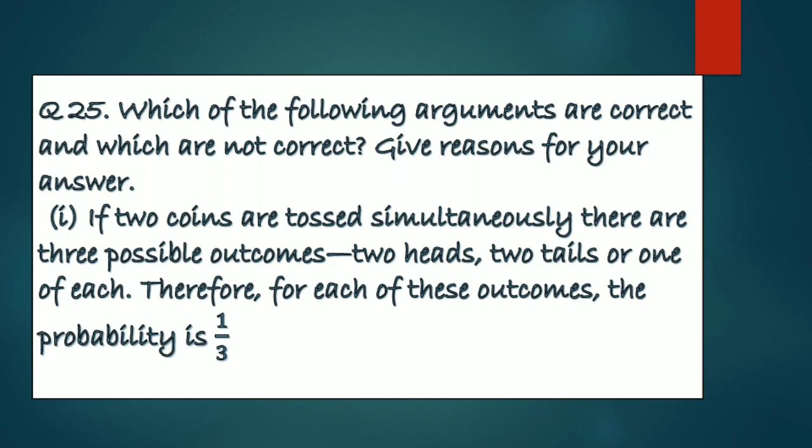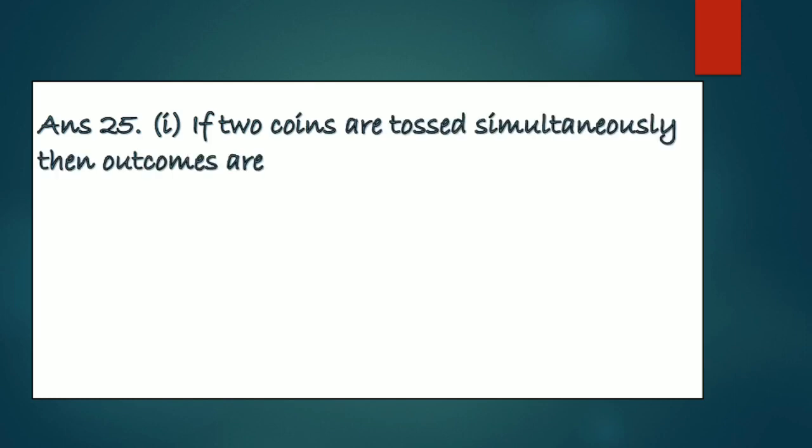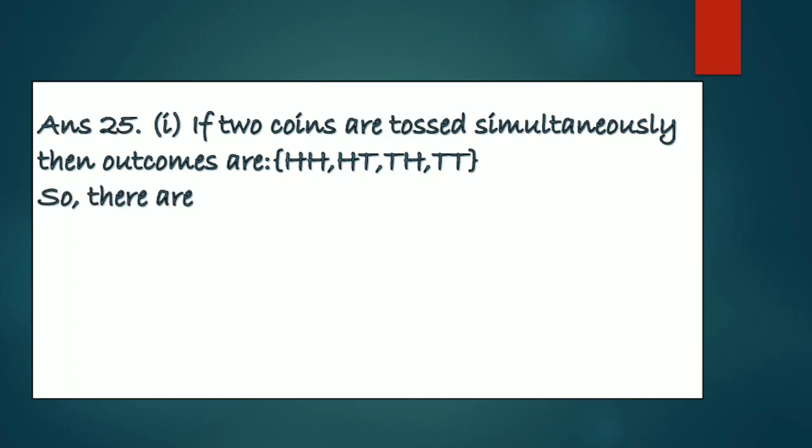Now, the first part. If two coins are tossed, remember how many outcomes there will be. There will be 4 possible outcomes. Let's write it. If two coins are tossed simultaneously, then the outcomes are HH, HT, TH and TT. So there are 4 possible outcomes.